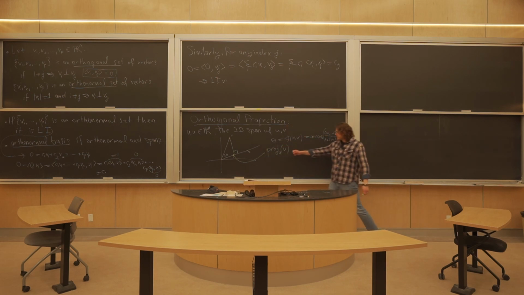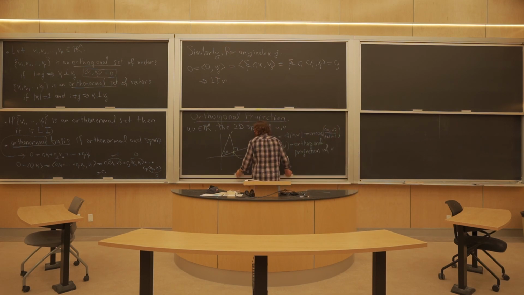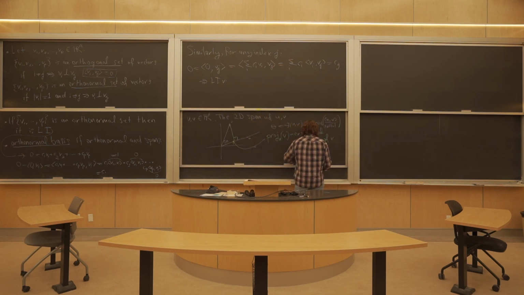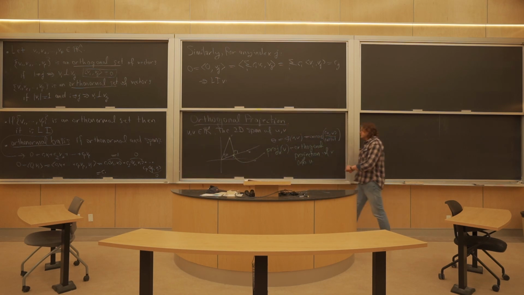Okay? So this is the orthogonal projection of the vector v onto the span of u. Onto u.